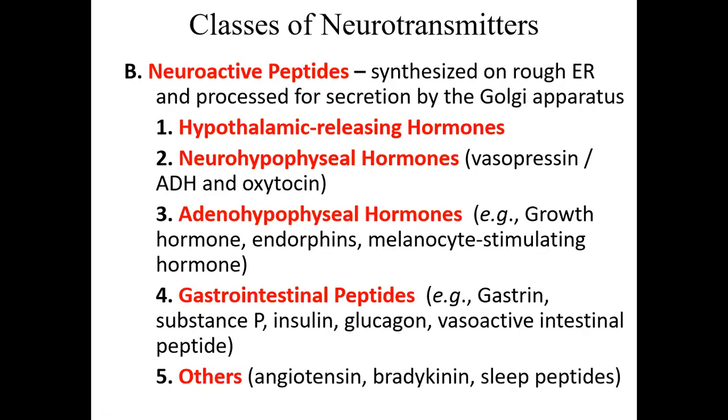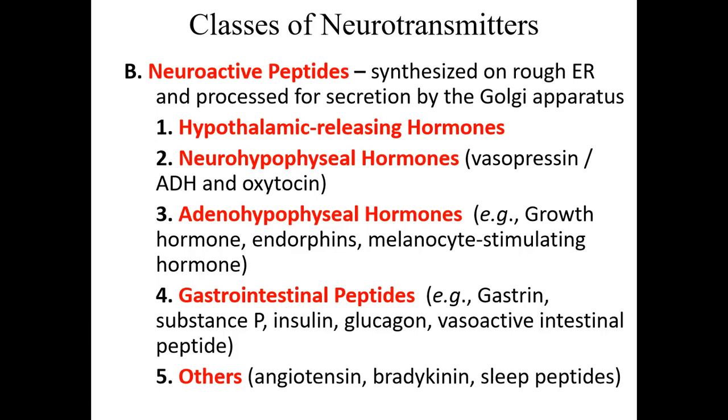Now, among the classes of neurotransmitters, we have neuroactive peptides. These are synthesized on the rough endoplasmic reticulum and processed for secretion by the Golgi apparatus. Here we have hypothalamic releasing hormones, neurohypophyseal hormones like vasopressin, also called antidiuretic hormone, and oxytocin.